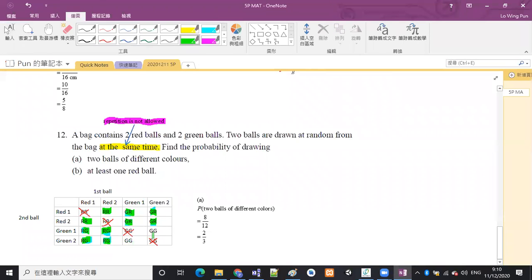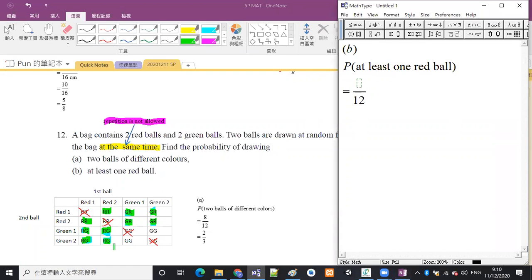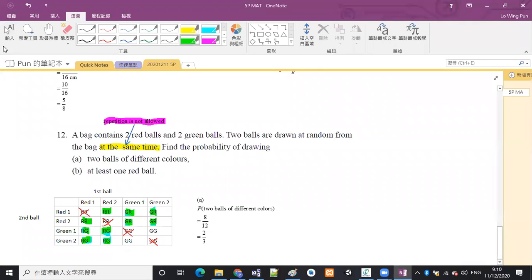Okay, the remaining two, GG, both of them are green balls. Okay, that is not satisfying the requirement from this question, so they are not the favorable outcomes. So among the 12 outcomes, there are 10 of them that satisfy this requirement. Okay, so this will be 5/6. Get it?